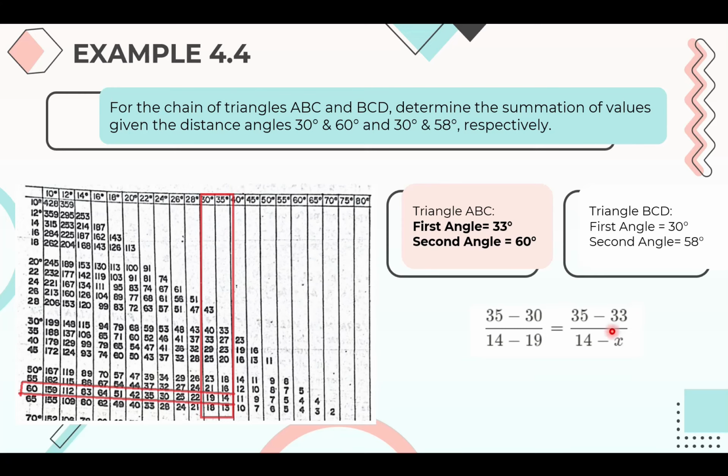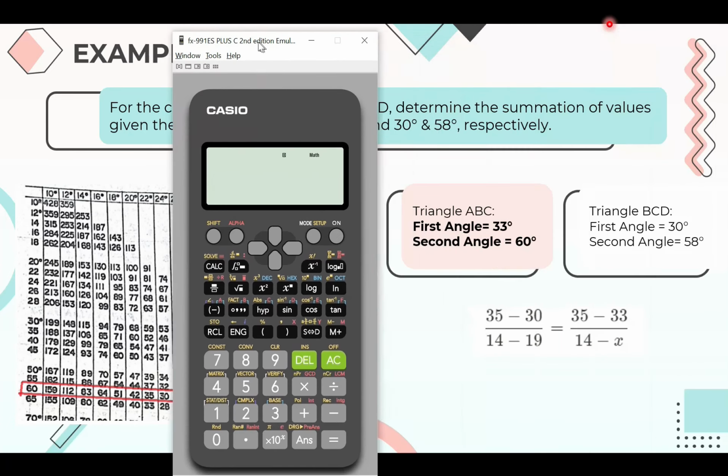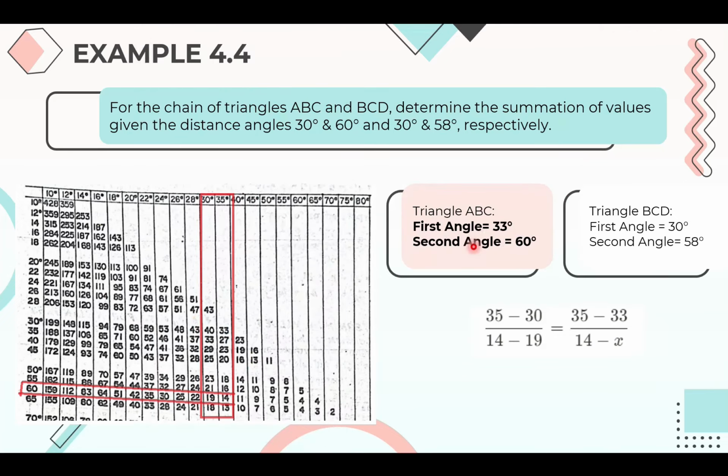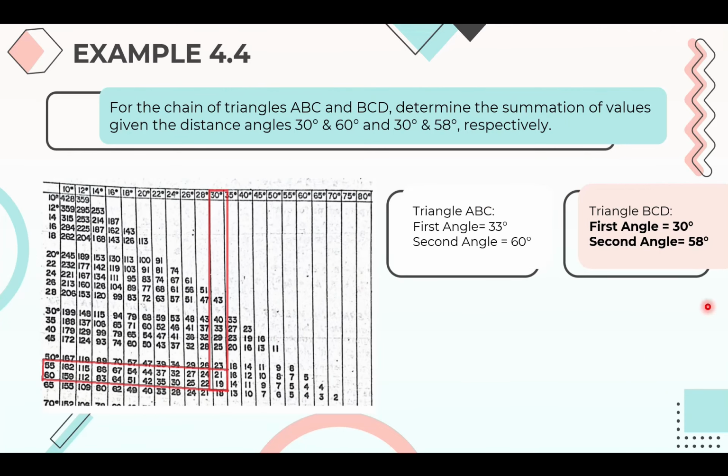I hope you guys know how to use shift solve in your calculators, but if you don't, I will still show you. So 35 minus 30 over 14 minus 19 is equal to 35 minus 33 over 14 minus x. How do we shift solve? We press shift and then we press solve. Simple. Then it says x is equal to 16. Let's see if we are correct. We are correct.